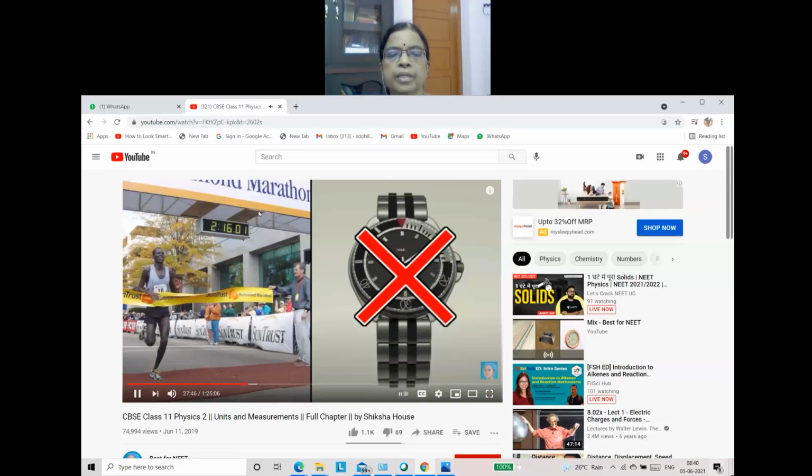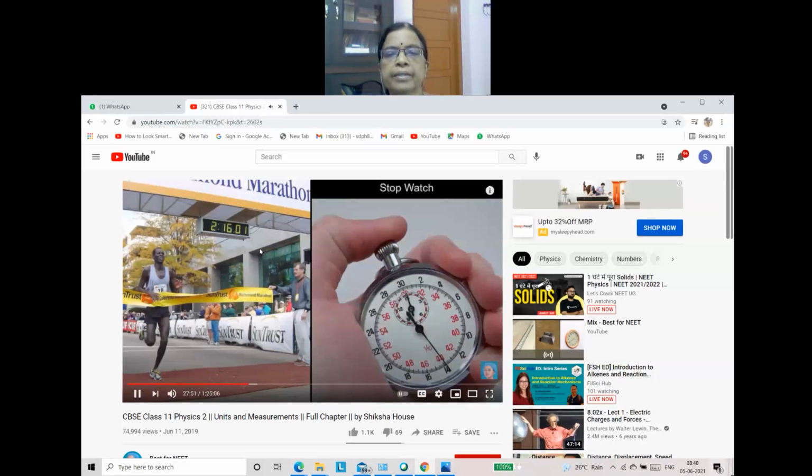To increase the accuracy, we require time measuring devices that can measure the smallest fraction. See, this is the stopwatch. Even the smallest fraction of a second is divided, so even the smallest fraction of a second can be seen in a stopwatch. It is more accurate than our watches. Okay. Fraction of a second.